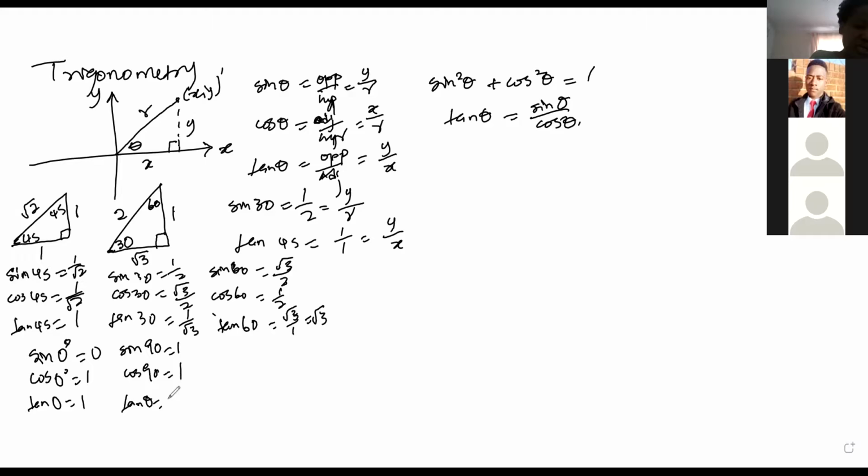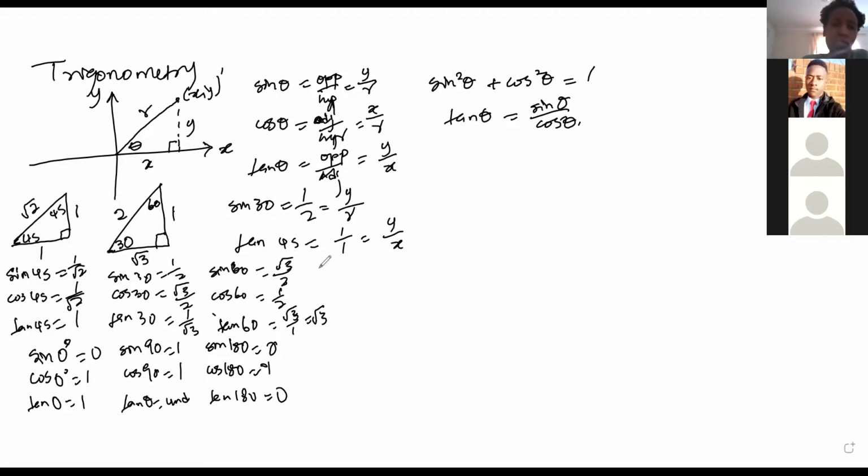Tan 90 is undefined. And then sine 180 is 0. Cos 180 is -1. Tan 180 is 0. Okay?